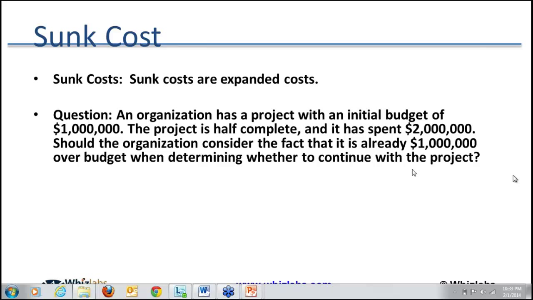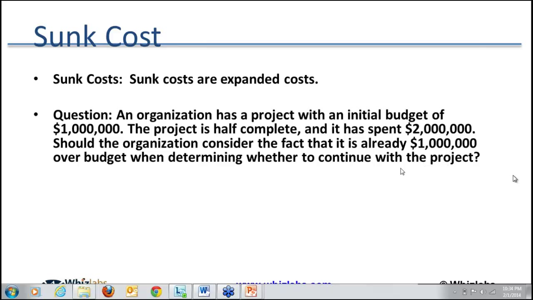But in this case, the sunk cost is almost the same as or more than the expected cost. So we have to rethink this. Okay, I'm not able to understand why we should not consider sunk cost.